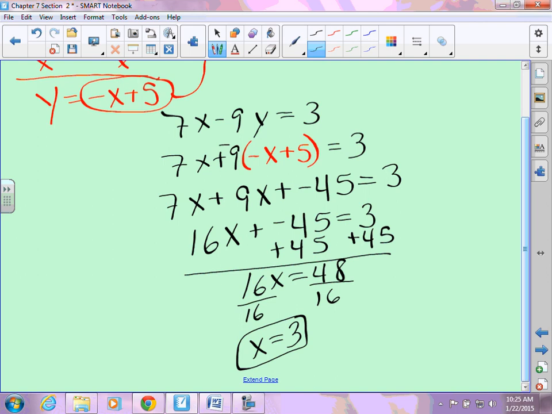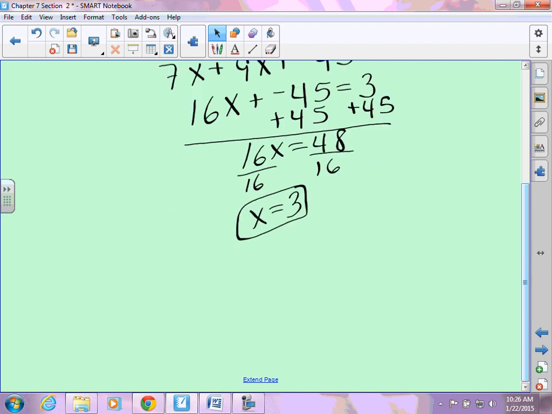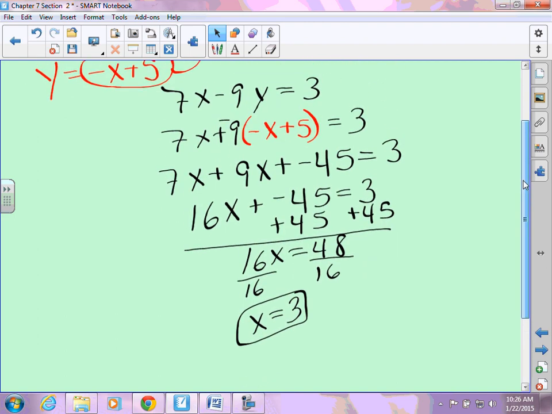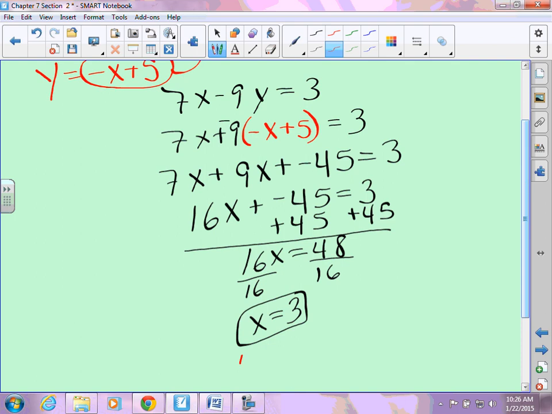So y equals negative x plus 5. Y equals negative 3 plus 5. Y gives me 2. My ordered pair then is 3 comma 2. Okay, and that is my answer.